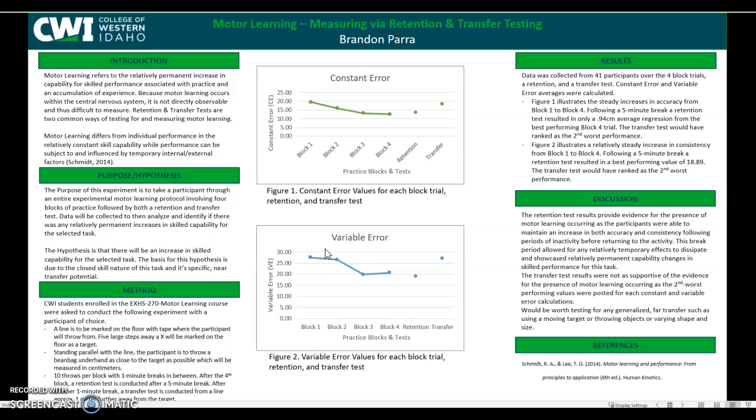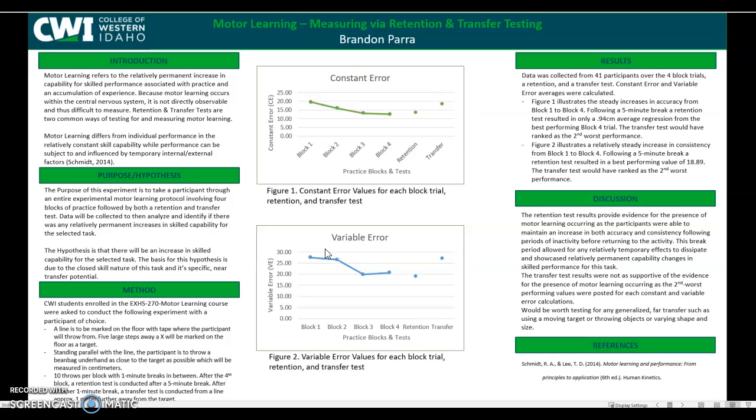We are asking participants to be throwing a beanbag towards a target, and the settings and conditions in which this is conducted are not going to change. The target never moves. They will always be throwing from the same spot. Because of this, it is considered a closed skill, so it's very predictable. The task demands don't change.